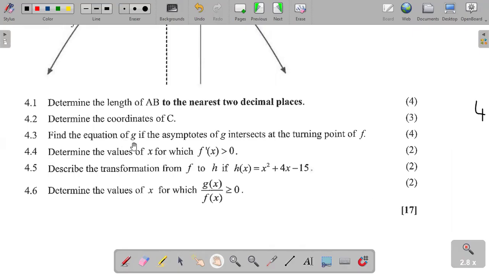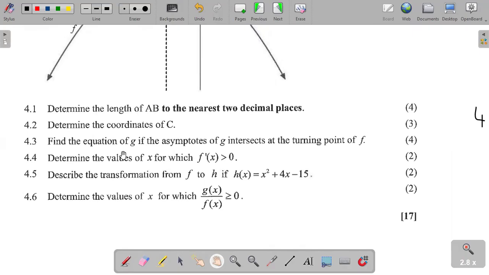Find the equation of g if the asymptotes of g intersect at the turning point of f, okay?